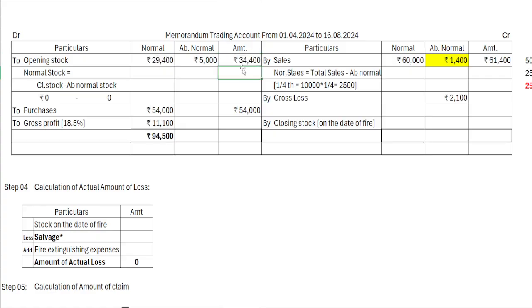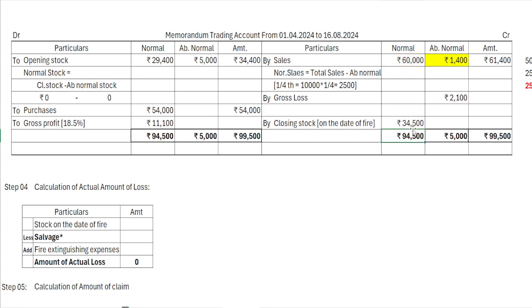Then it comes to 34,400, and the normal opening stock is 29,400, and the debit side total will be 94,500. Here 5,000. The debit side is the higher value. So closing stock on the date of fire is equal to total minus remaining credit amounts.